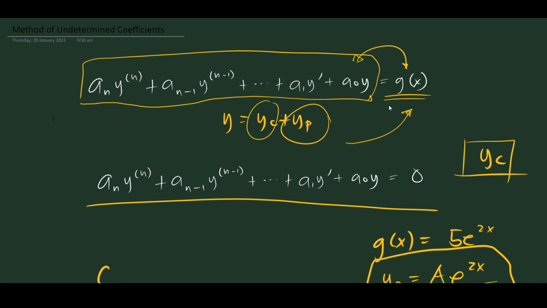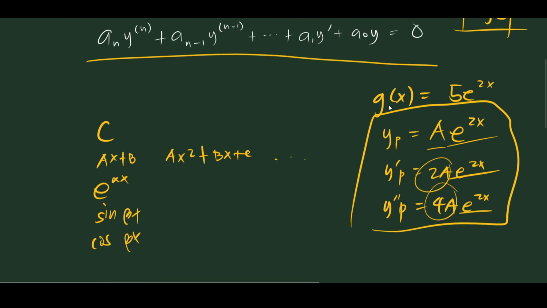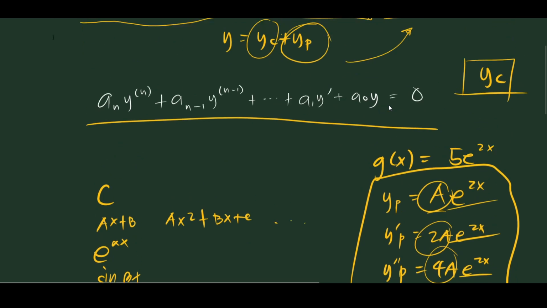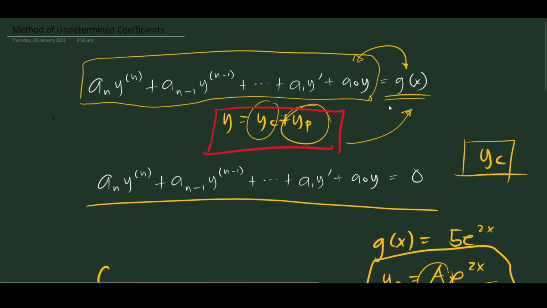Once you get that, you can compare the coefficients, and then we can find them using systems of equations, and that is the final step. Once you find the coefficients, you can find your yp. You can substitute it to your arbitrary constant a here, and then you can have your general solution by adding your yc and your yp.